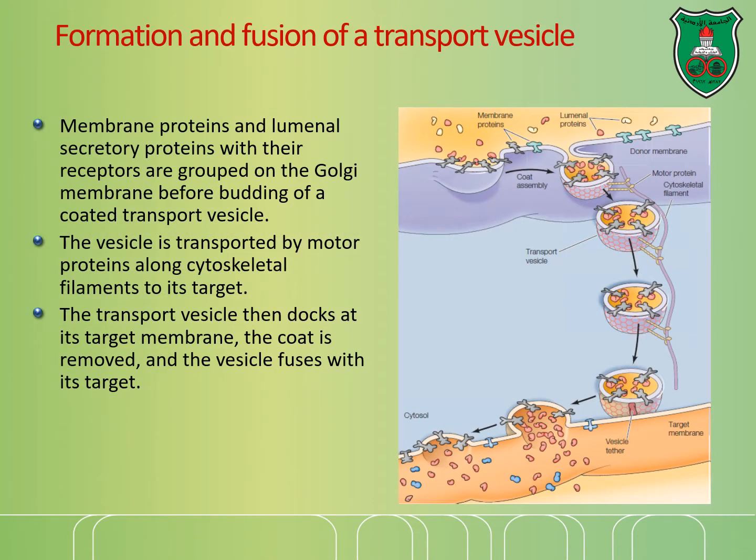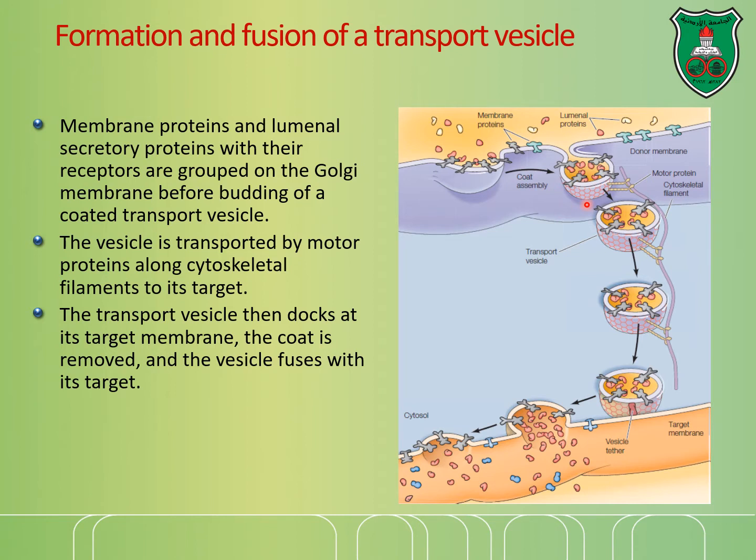So the idea here is, how do vesicles form and how are they transported? Now the thing is, you have the membrane proteins and the luminal proteins. They can bind to receptors in the Golgi, and then the vesicles pop out of the Golgi. Now these vesicles that pop out get coated with certain proteins, okay?